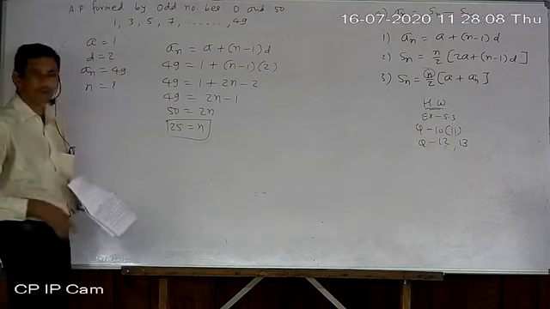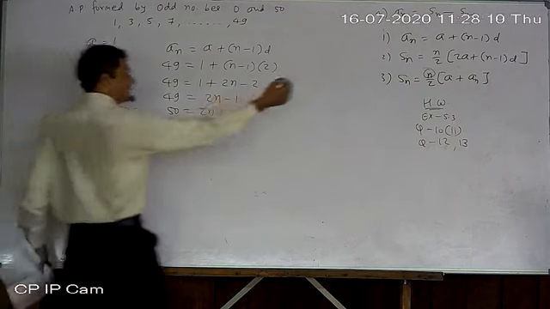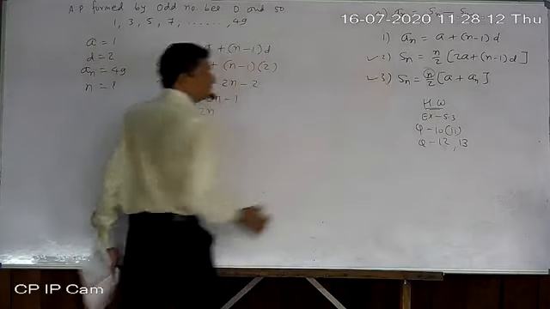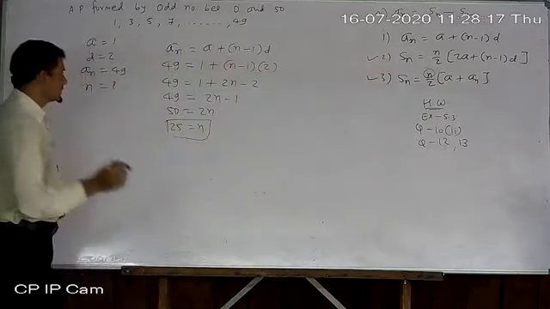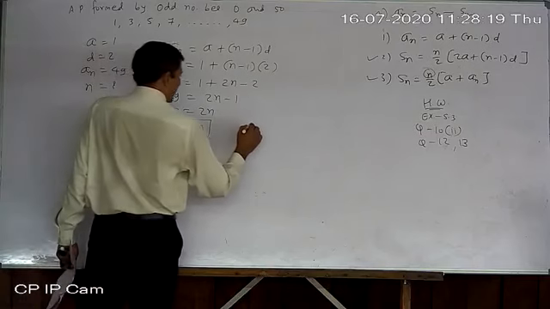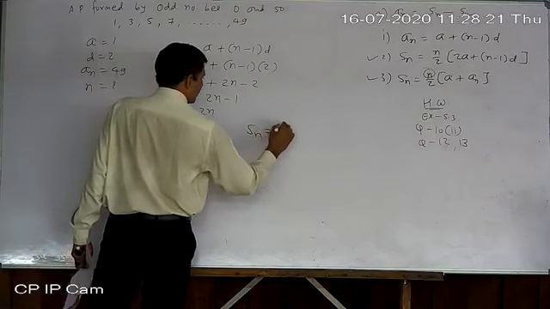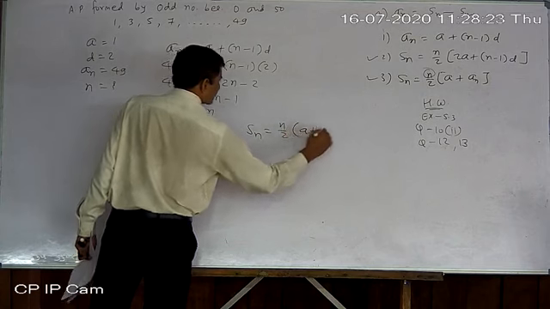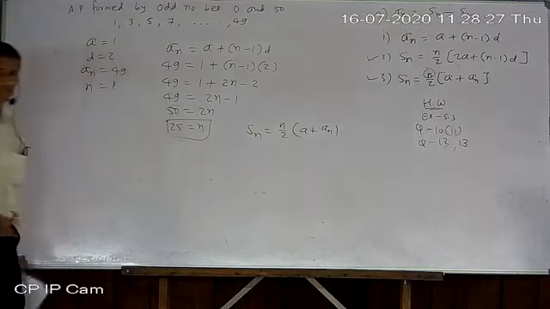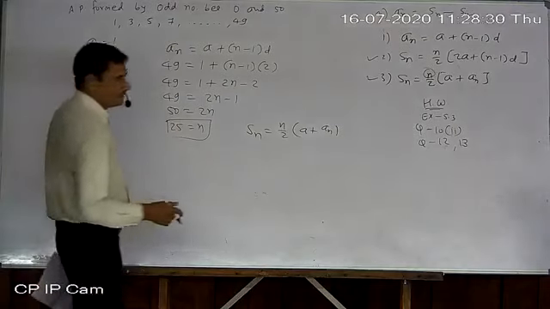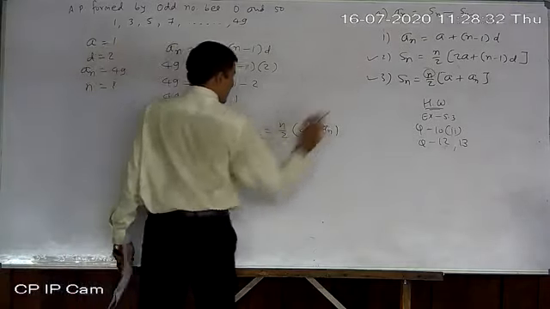By using the Sn formula. Now either the second formula or the third, any one you can use. Sn equal to n by 2 into a plus an. Whenever we have the last term, at that time mostly we use this short formula of Sn. If you want, you can use the second also.